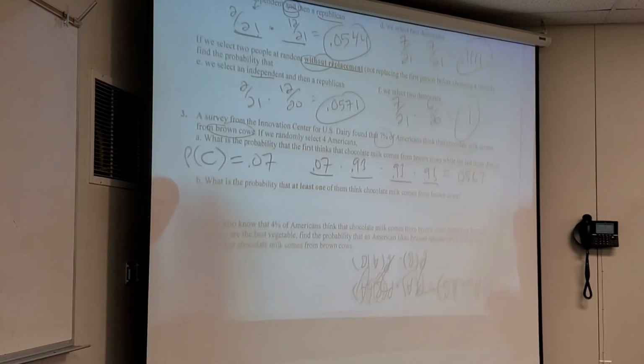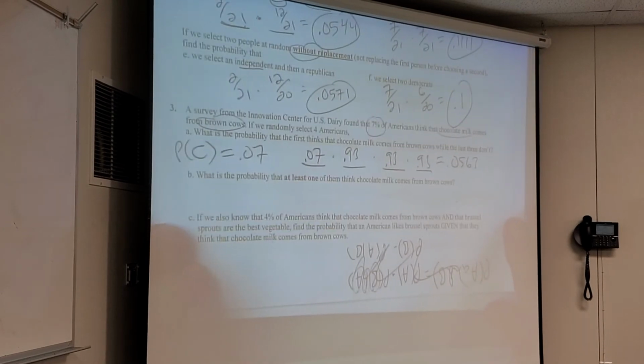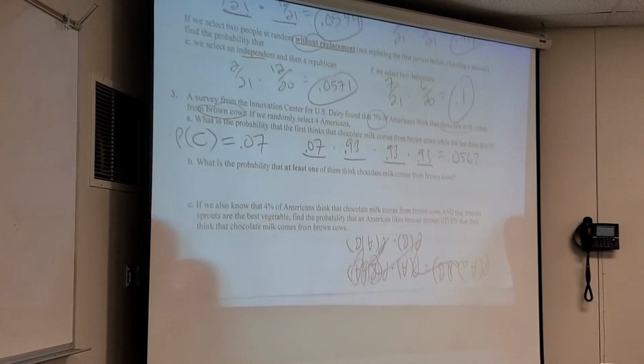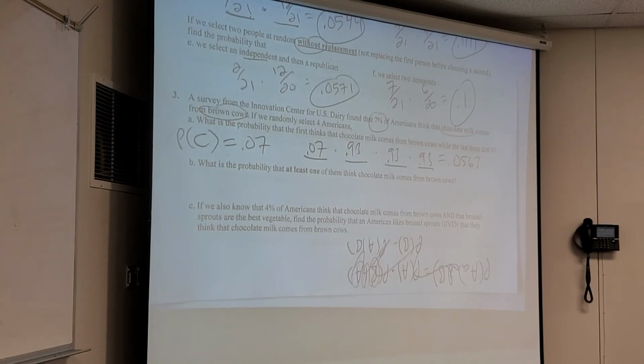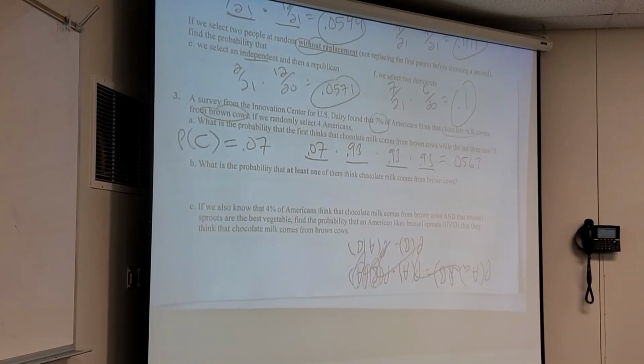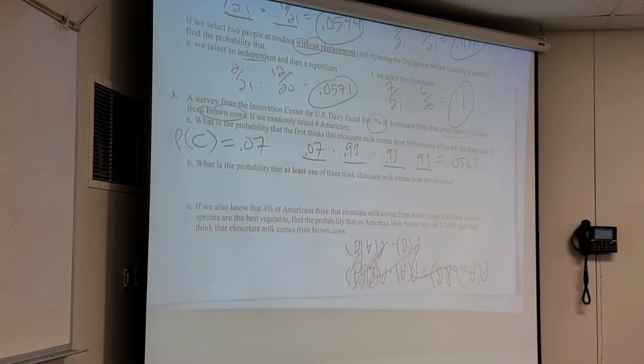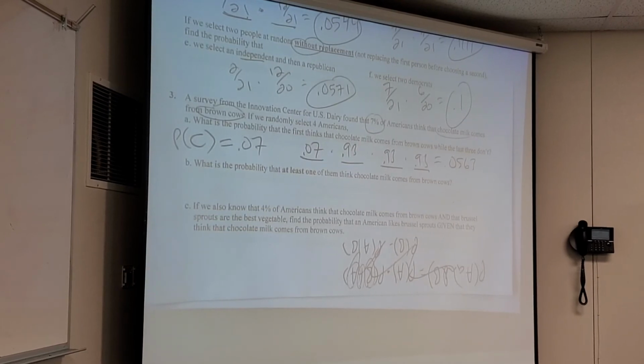Look at part B. So what does that mean? What situations match with what that question is looking for? At least one of them thinks that way. So what could be the situation that matches?